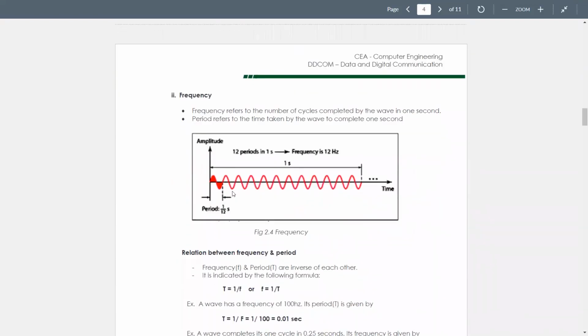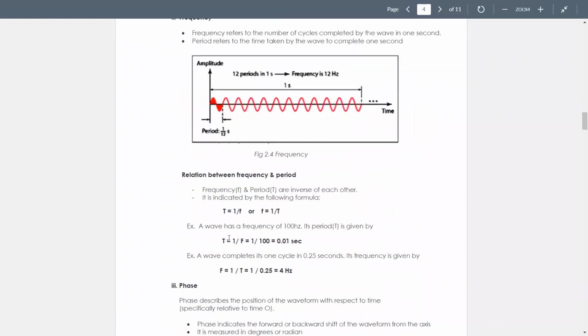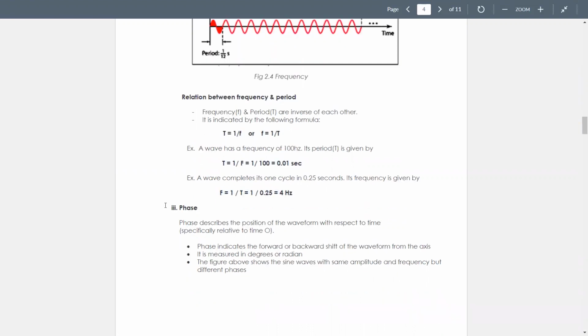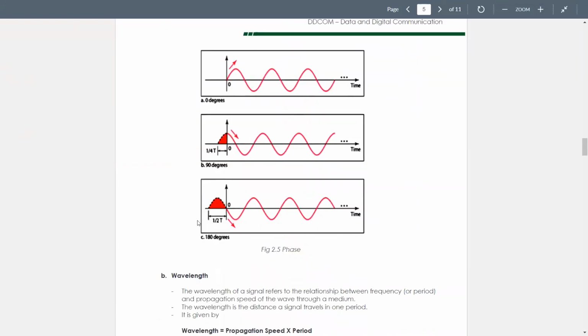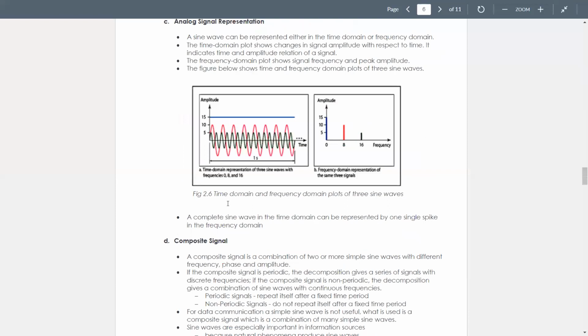We have the frequency; these are terms that you will be encountering later on. We also have the computation on how to get the frequency and the period, and we also have the phase. Those are the different characteristics of an analog signal.